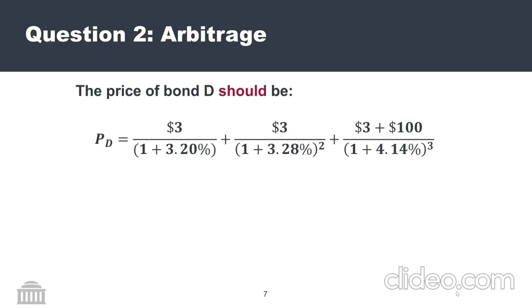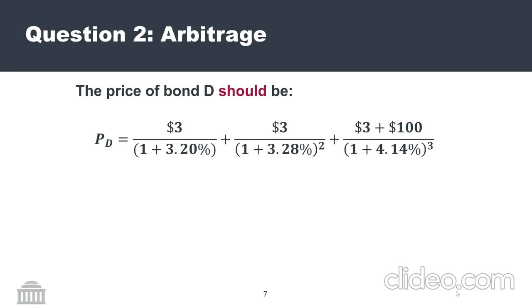So recall that bond D has 3 years to maturity. It has a 3% coupon rate. So therefore, it pays a $3 coupon at the end of year 1, a $3 coupon at the end of year 2, a $3 coupon at the end of year 3, plus the face value of $100 that it also pays at the end of year 3. So therefore, we can write down the following equation.